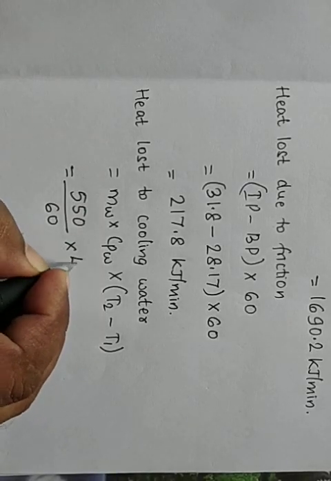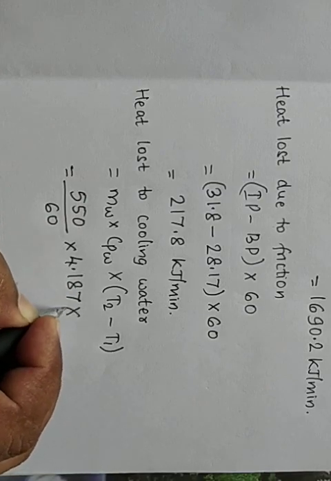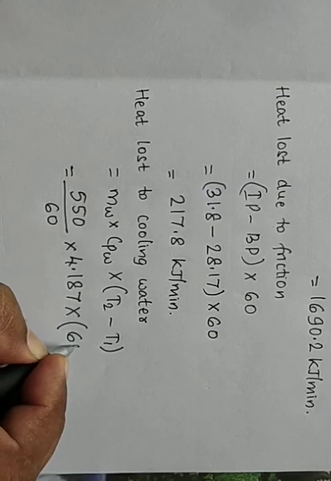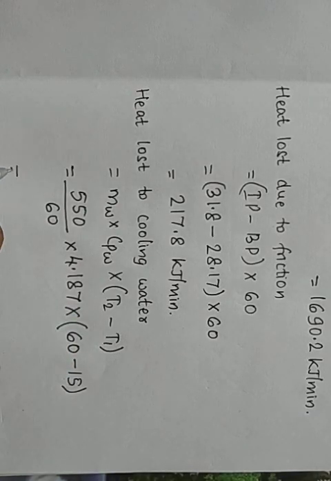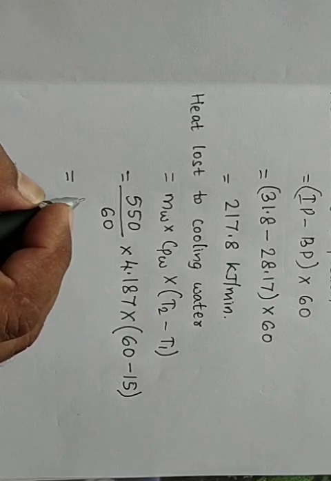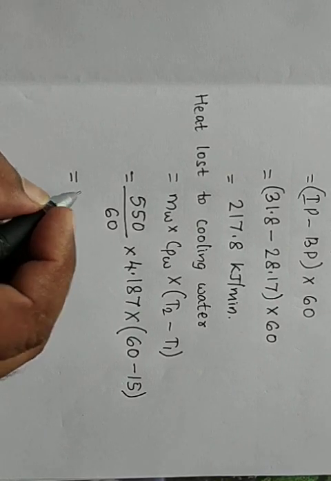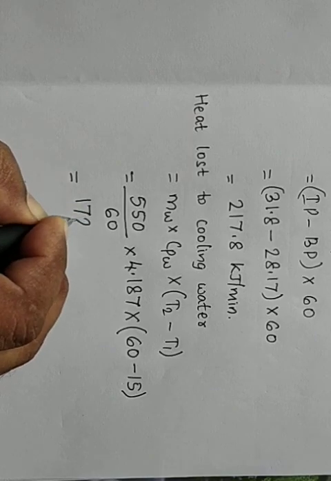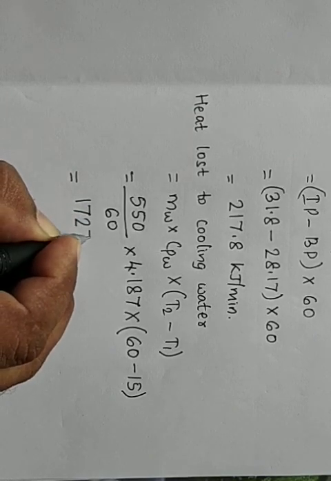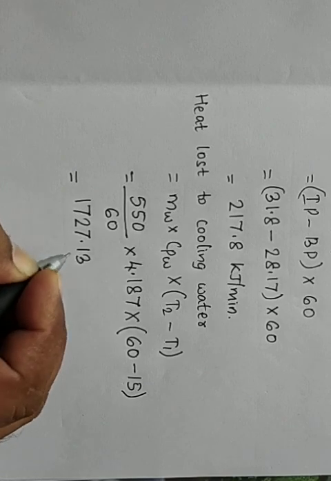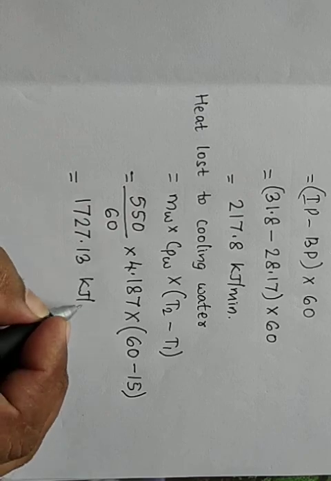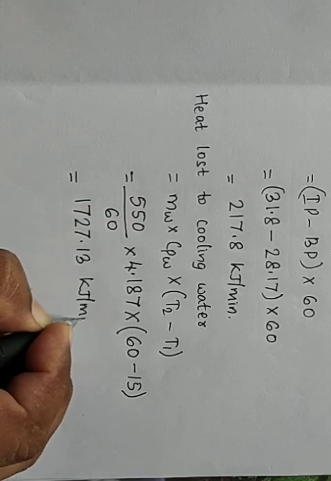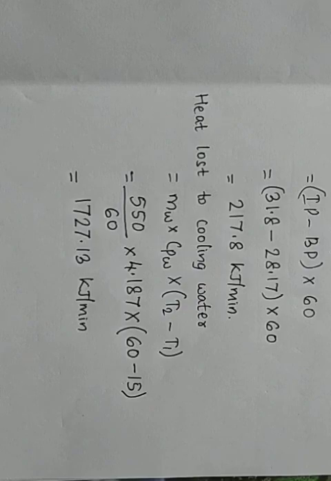Then into Cp 4.187 kilojoules per kg Kelvin. Then temperature T2 is 60 degrees, T1 is 15 degrees. Substitute these values and then calculate the value of heat lost. So you will get the value of heat lost as 1727.13 kilojoules per minute.